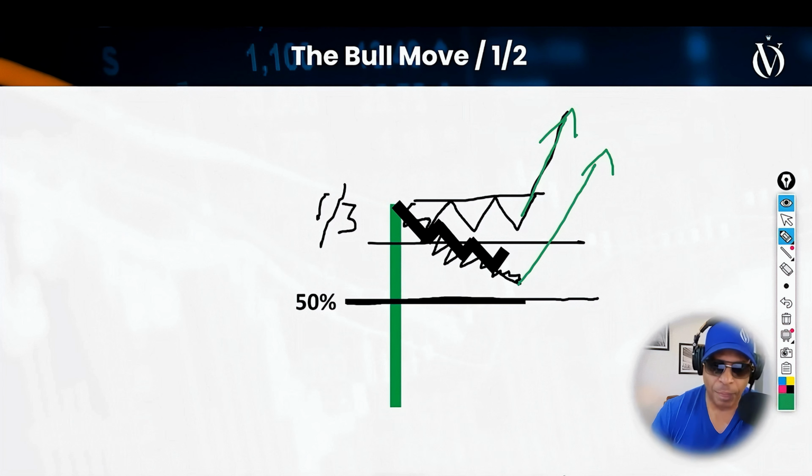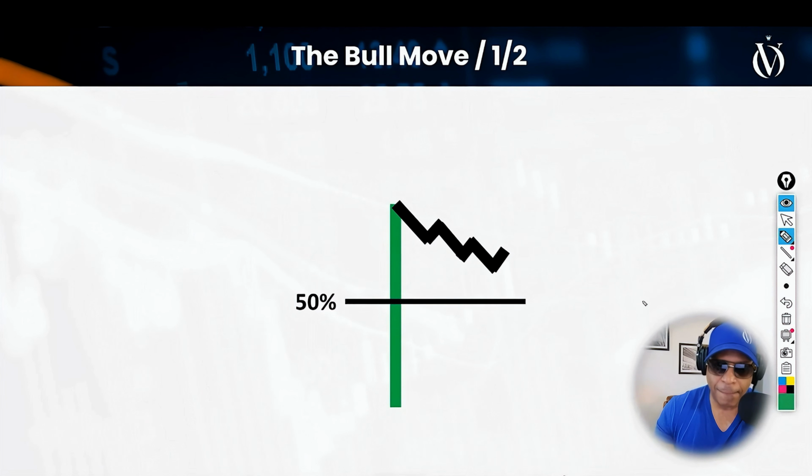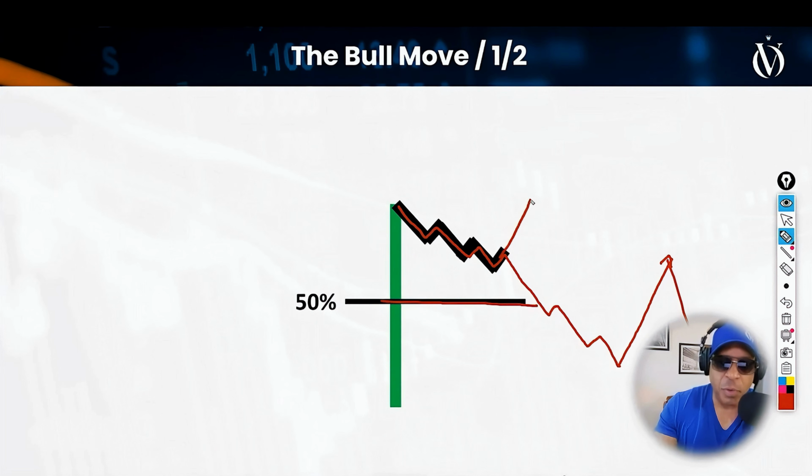All right. Now, if you break this 50% mark, any move up is likely to fail. If you don't break the halfway mark, the move up is likely to go to new highs. You got that? This is extraordinarily powerful.